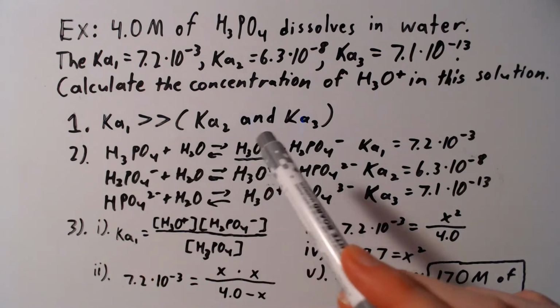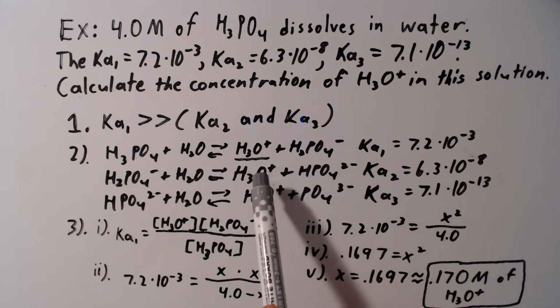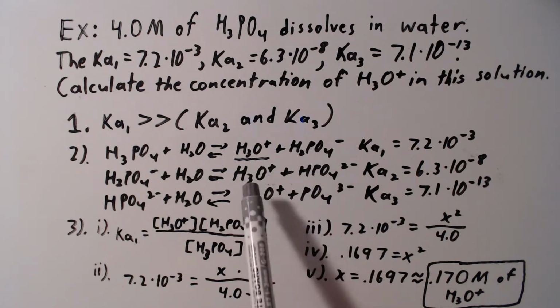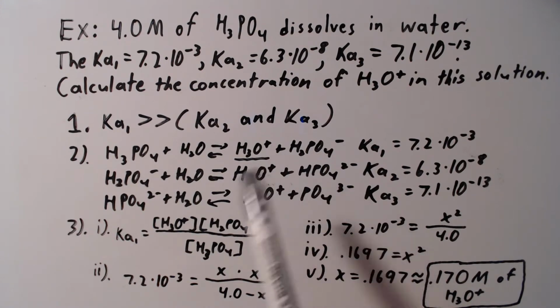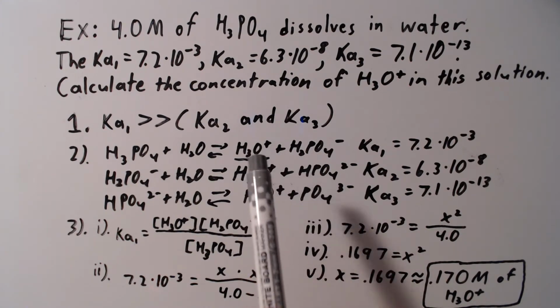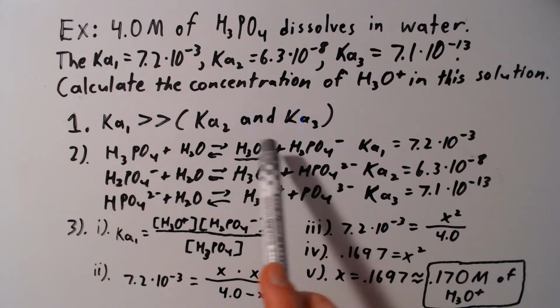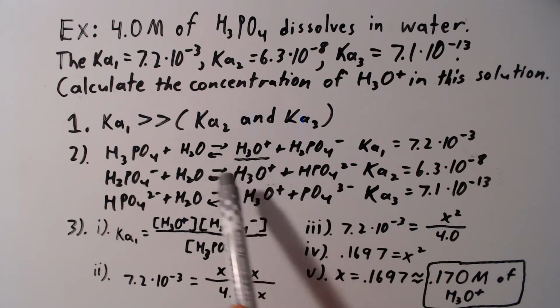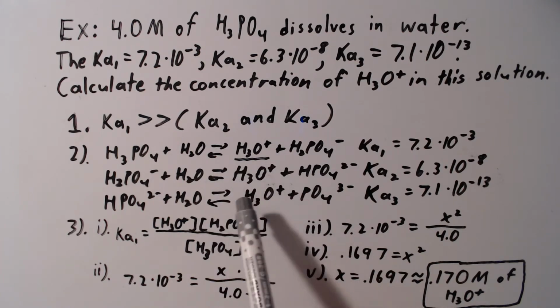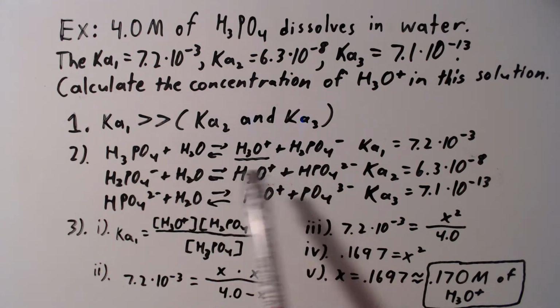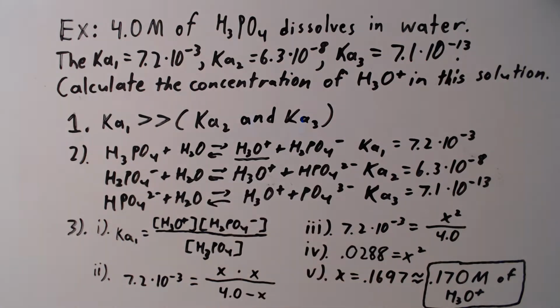that basically, even if we do find the H3O+ concentrations produced by these, they don't really matter. They're not really going to change the overall value of H3O+ produced, because this value of H3O+ produced is so much larger than these other H3O+ amounts. Their addition is not going to make much of a difference.